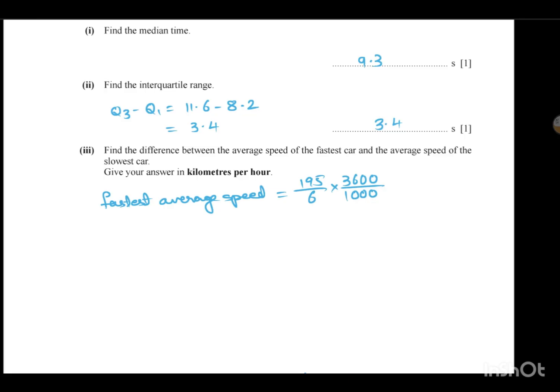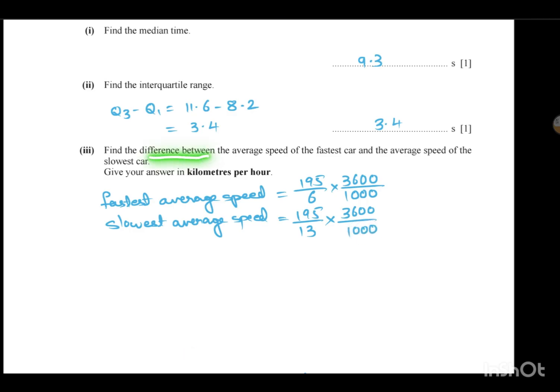When you bring it to the numerator, you have this kind of multiplication. And the slowest average speed is 195 by 13 into 3600 by 1000.